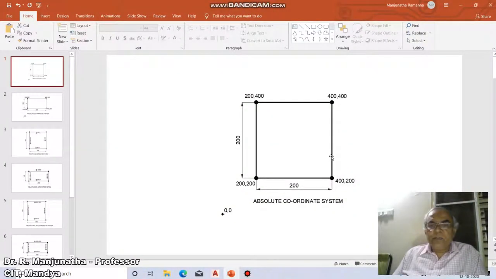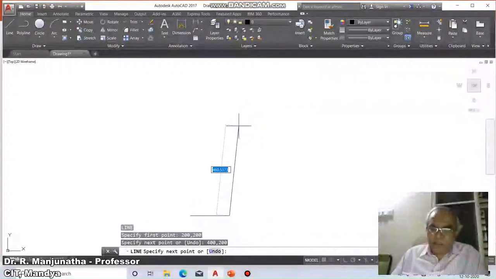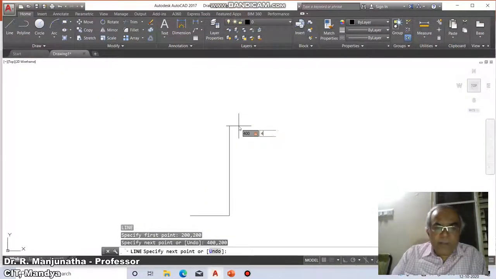Since it is moving only in the y direction, the x value will remain the same as the previous value, which is 400. In the y direction it will be 200 plus 200, so it becomes 400, 400. So the next point is 400, 400.